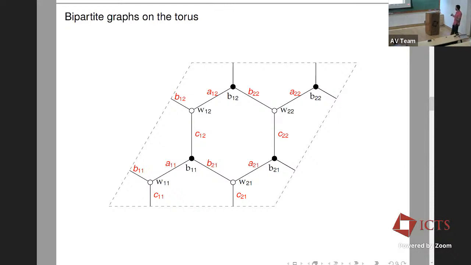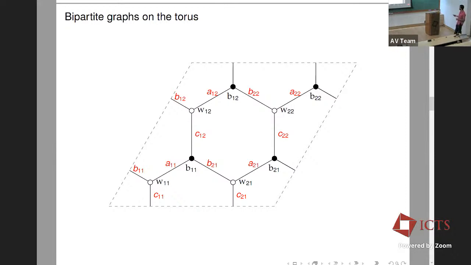So in the limit, you have an infinite bipartite graph on the plane, and this is intractable unless you put periodicity conditions on the graph. So you would usually assume that the weights are periodic under translations in both directions in the plane. Then if you mod out by the group of translations, you get a bipartite graph on a torus. This is why people were originally interested in studying bipartite graphs on the torus.